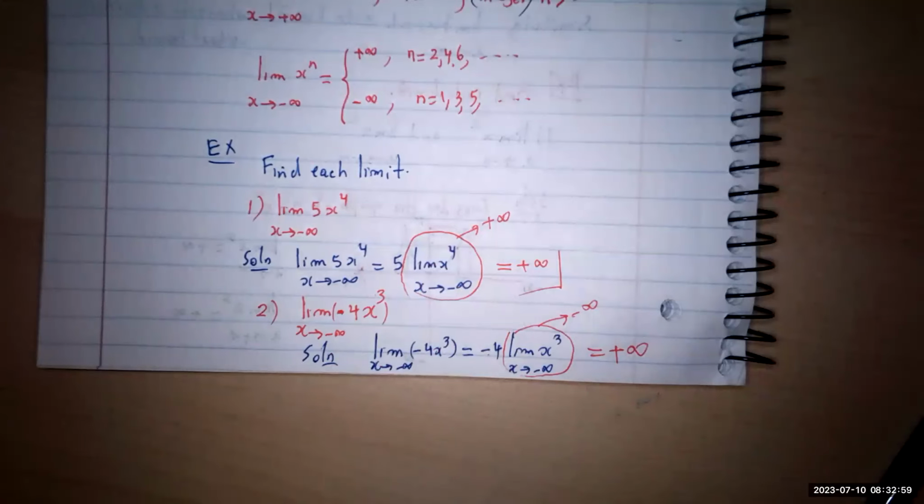So that theorem will give you this idea that the end behavior of a polynomial function is similar or equal to the end behavior of its leading term. You know that the leading term in a polynomial is the term that contains the highest power of x.